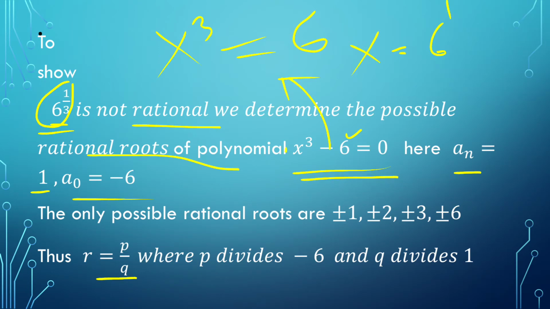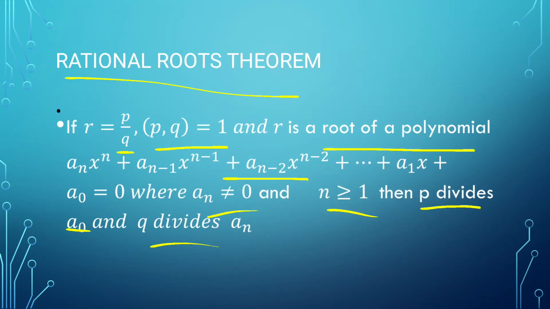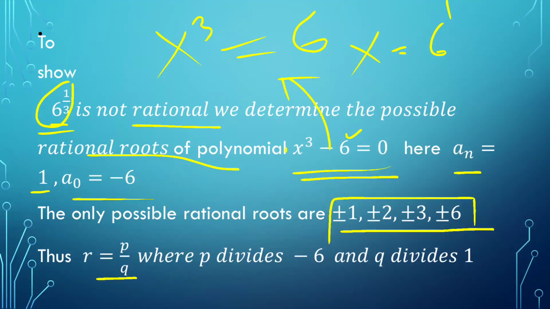These are the only possible rational roots, which will mean that 6 to that power is not rational, because the only rational roots you can get are these ones, applying the rational roots theorem.